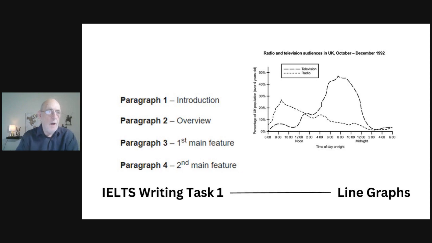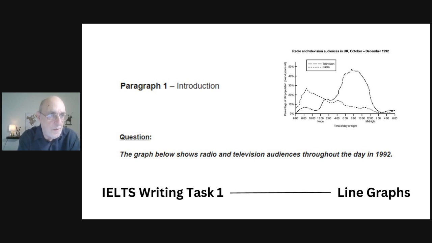So just a reminder of how we're going to structure our essay, what's going to be included, and we only have 4 paragraphs. So I'm going to take you step by step on how to write each paragraph for this essay. And first of all, we begin with the introduction.